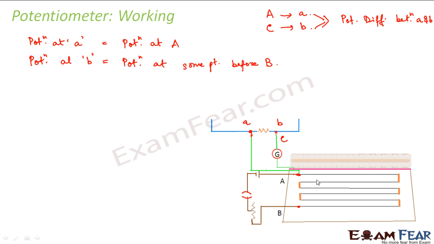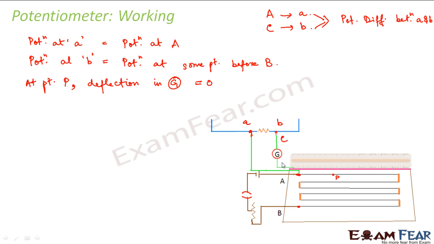Let us say we found some point P, where the deflection in the galvanometer is 0.